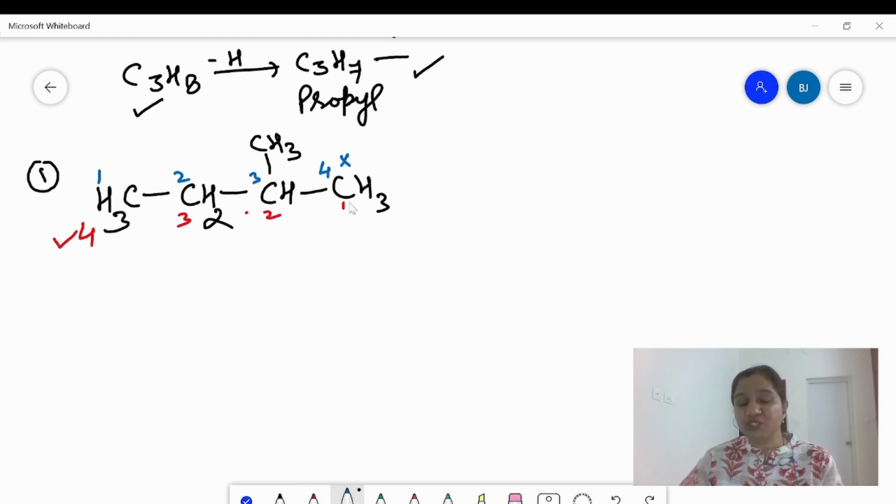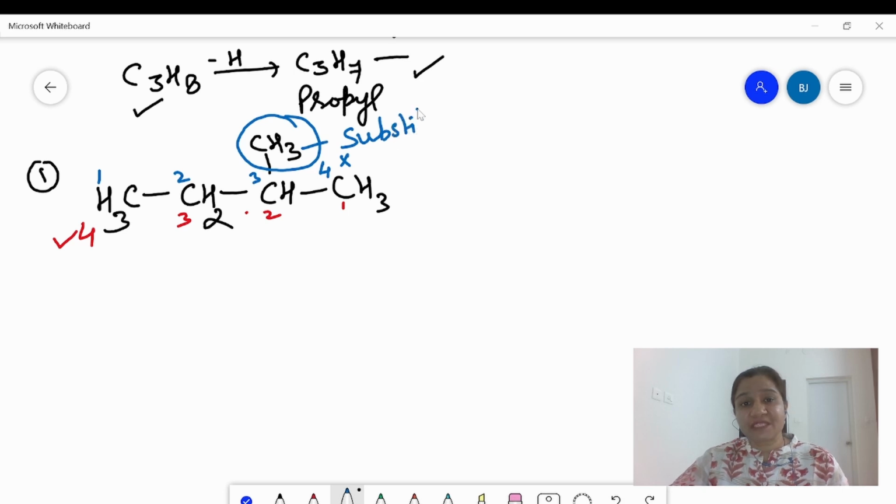Why? We should start the numbering from that end from where our functional group is nearest, or from where the branches or substituents are getting the least number. I told you, these branches hanging on the main chain are called substituents.